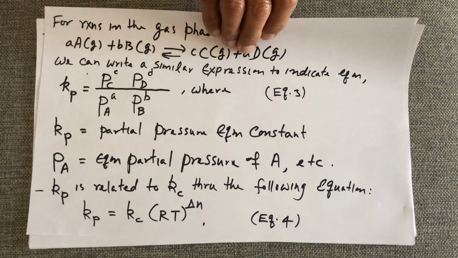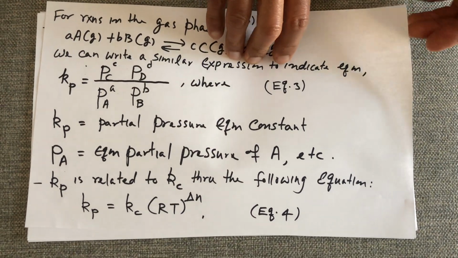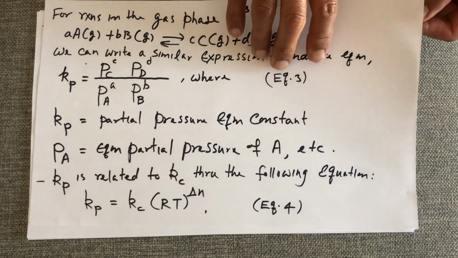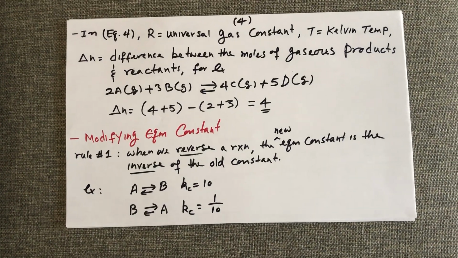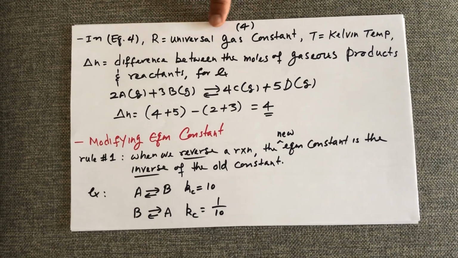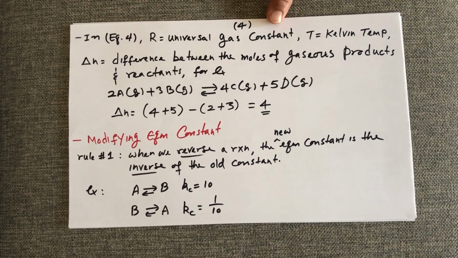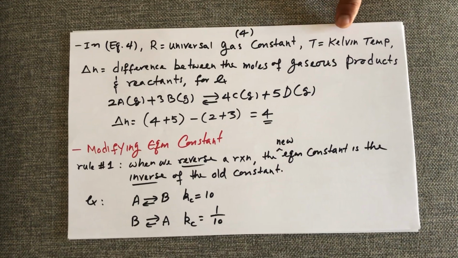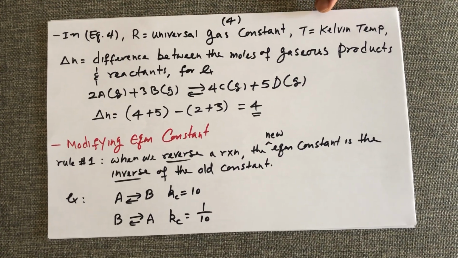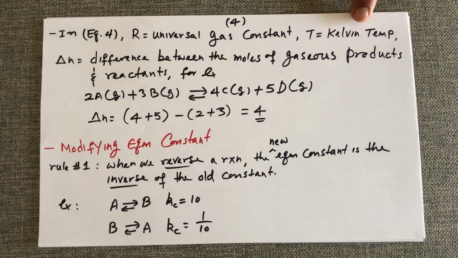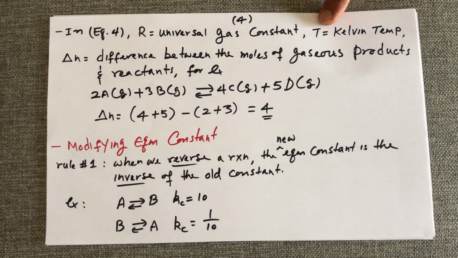In the next slide, we talk about those constants appearing in equation 4. So in equation 4, R is called the universal gas constant, which you're already familiar with. T is called the Kelvin temperature. Again, you know what that is. If you have it in degrees Celsius, you have to add 273 to it to make it into Kelvin.